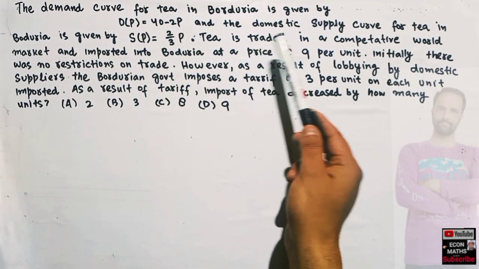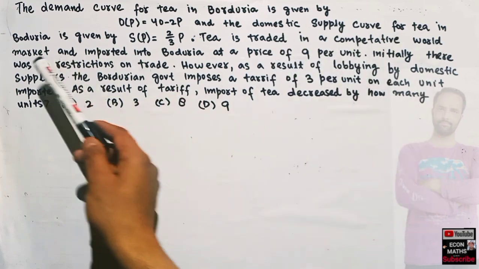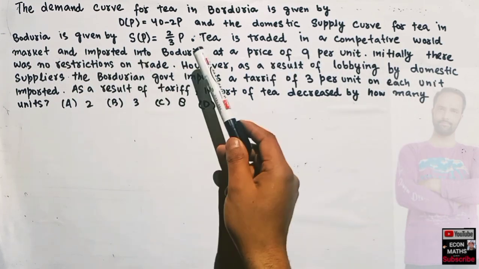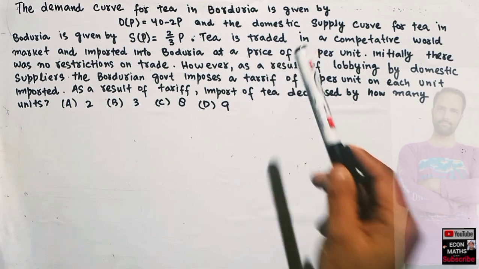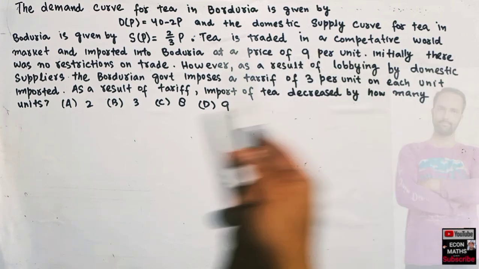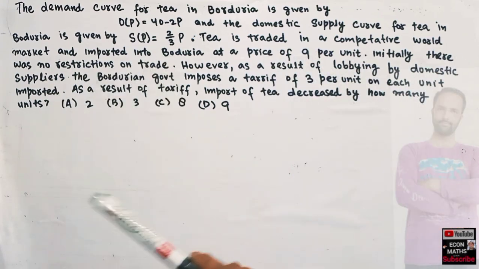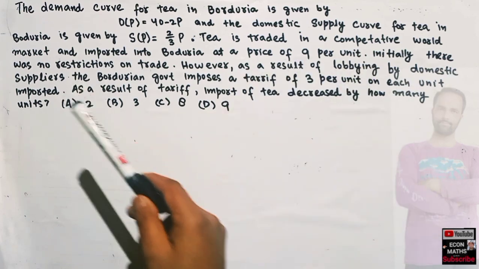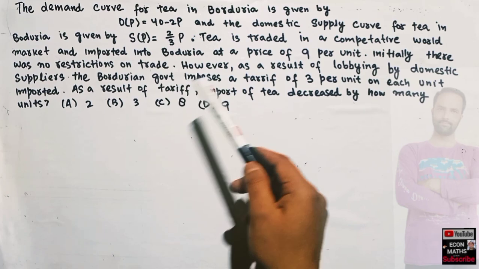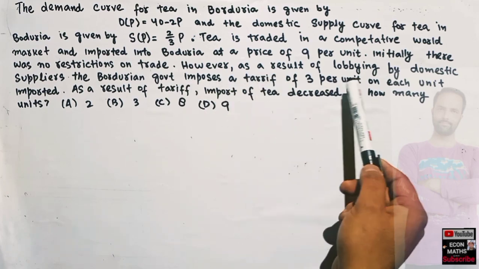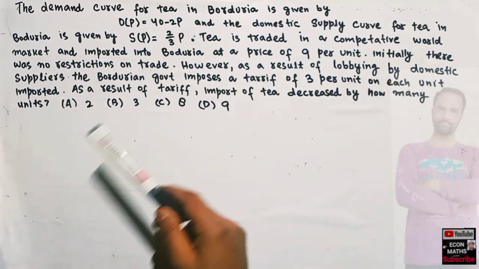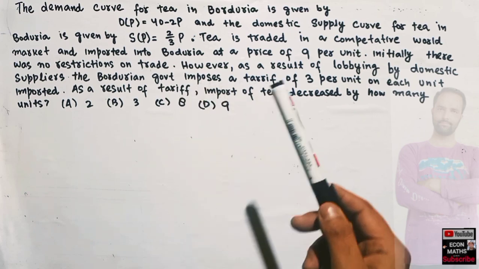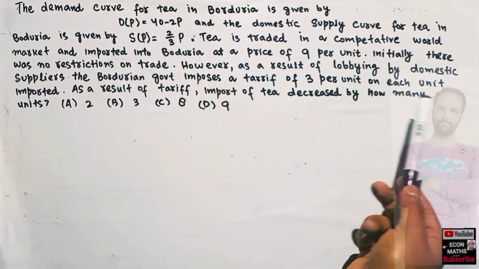Okay, tea is traded in a competitive world market and imported into Barodia at a price of 9 per unit. Initially, there was no restrictions on trade. However, as a result of lobbying by domestic suppliers, the Barodian government imposes a tariff of 3 per unit on each unit imported. As a result of tariff, import of tea decreased by how many units?